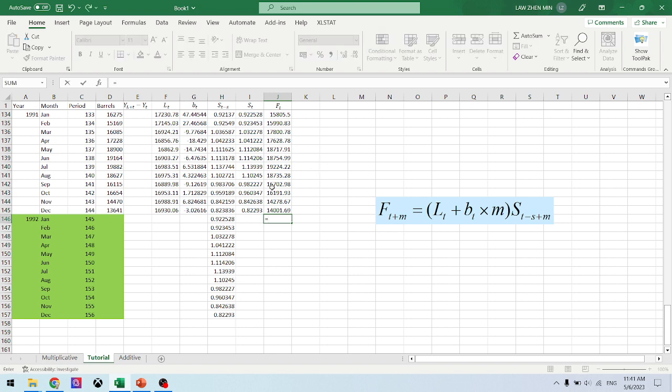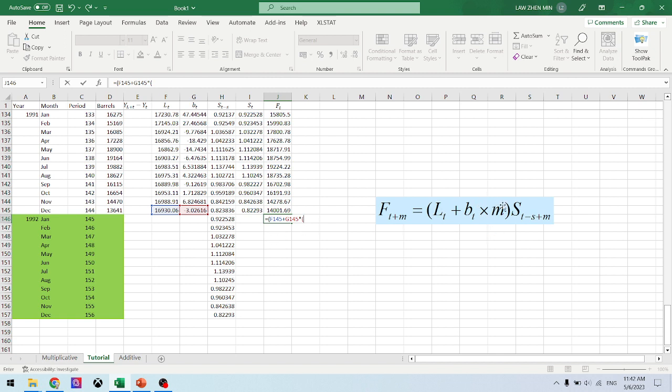Here equals the previous level component, open bracket, previous level component plus the previous trend component, multiplied by the here, because this one is the first step, and next is the second step, and next is the third step.